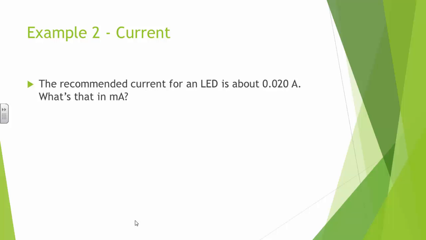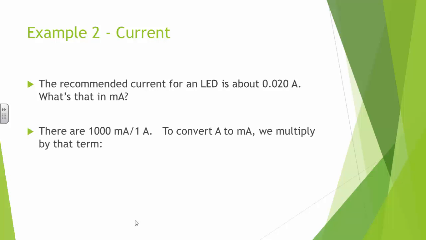Let's try a current example. The recommended current for a given LED is about 0.02 amps. What's that in milliamps? Well, there are 1,000 milliamps in 1 amp. So again, we can use our multiply by 1 trick.